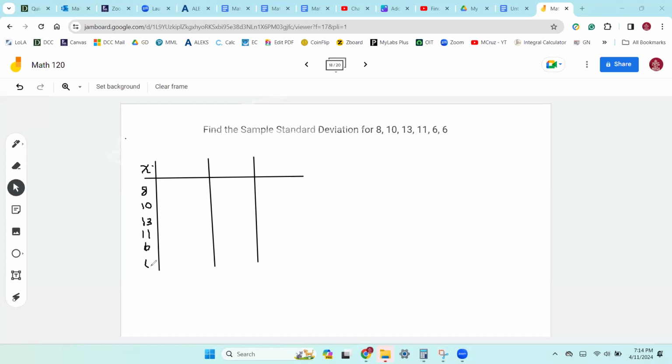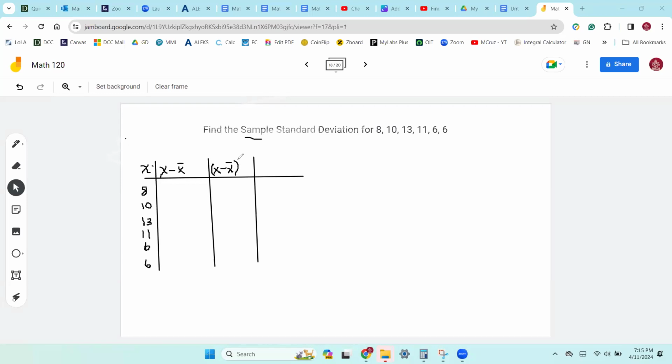Over here is going to be x minus x bar, because the x bar is the mean when we're talking about a sample. And then this is x minus x bar squared.